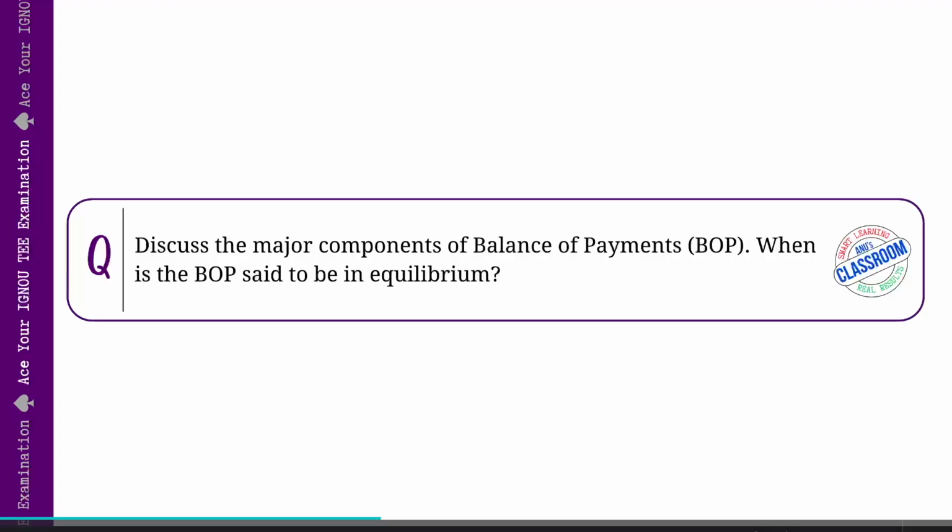So you can think of it like a bank statement, but instead of just our shopping or salary spends, it is everything that our country earns and spends abroad. This BOP has three main components that you have to be aware of. Can you recollect? First is the current account, second is the capital account, and third is the financial account.